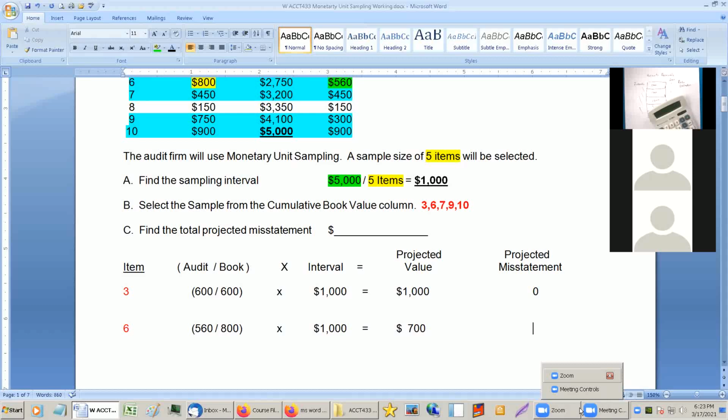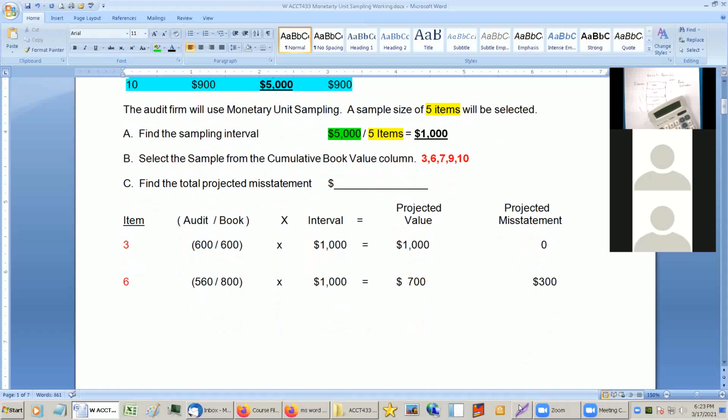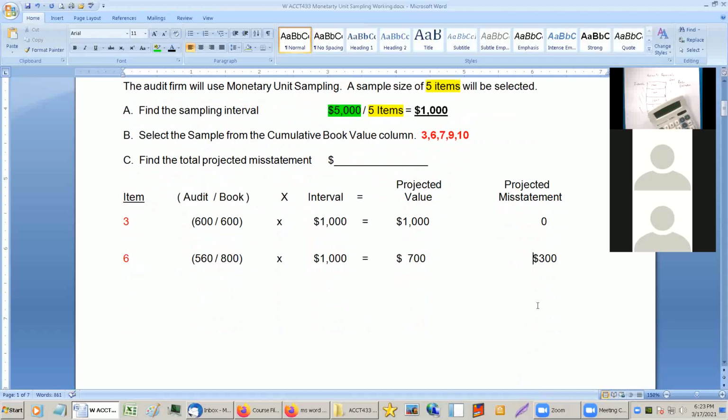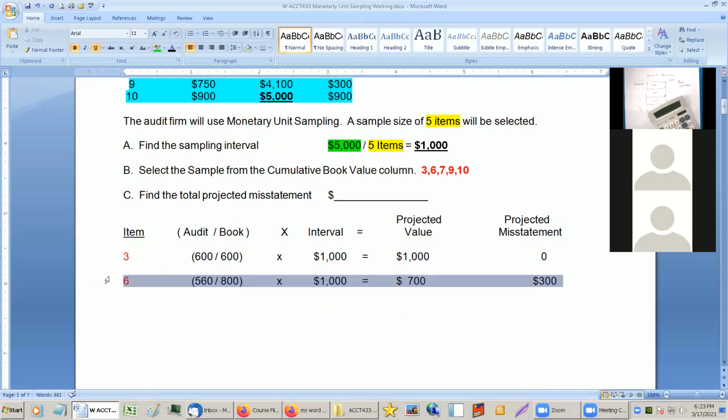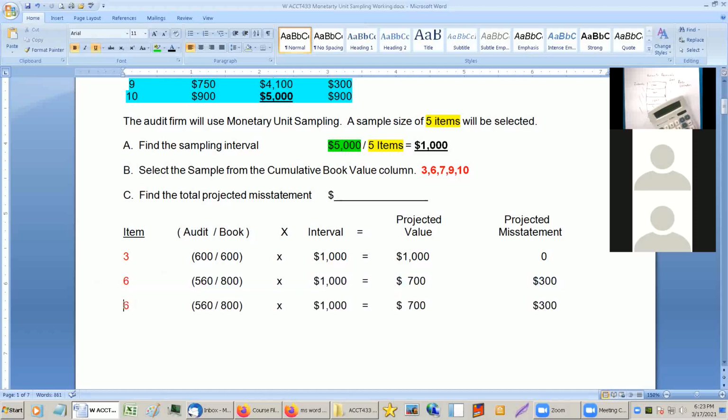Anyone? 300. Yep. So this is a projected misstatement. Do we need to represent it as a negative, or does it matter which way the sign is? It's not going to matter, and I'll tell you why if we get to the end of this.